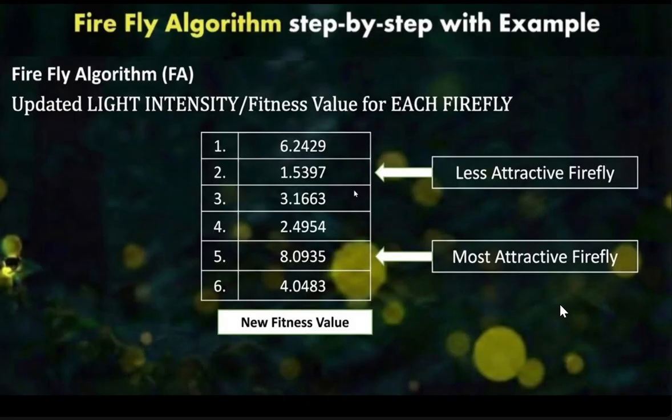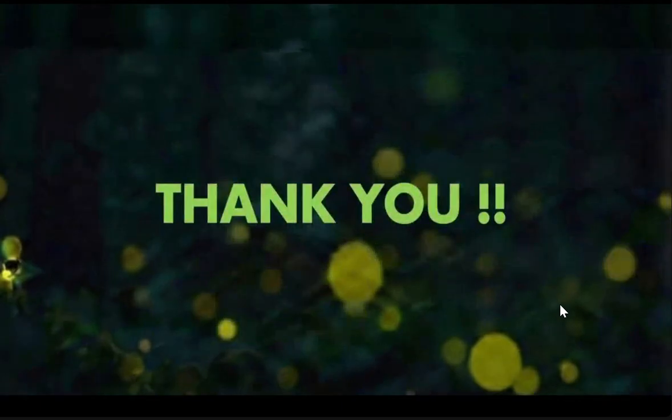This iterative process of calculating brightness, distance, and movement continues until Tmax is reached. So that sums up the step-by-step numerical workflow for the Firefly algorithm. You can see that the Firefly algorithm is an elegant nature-inspired method that uses the simple principle of light-based attraction to efficiently solve complex optimization problems by constantly balancing exploration and exploitation.